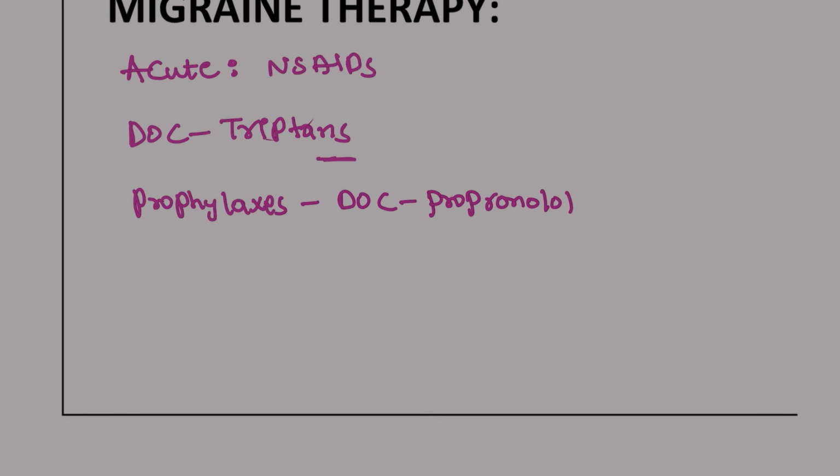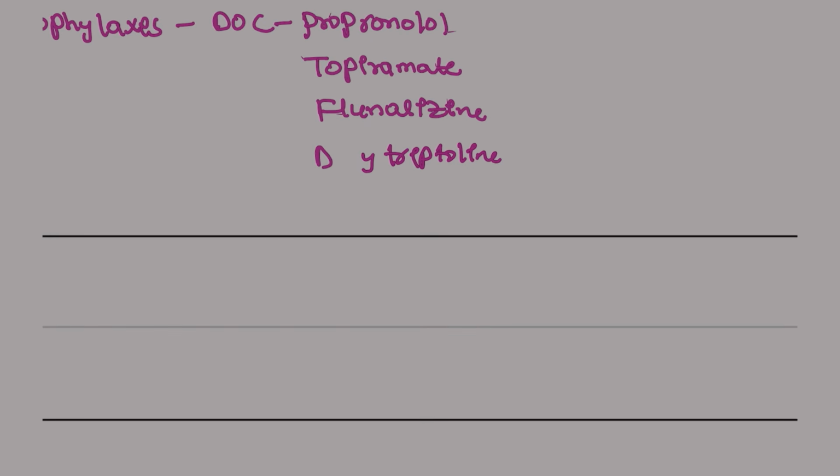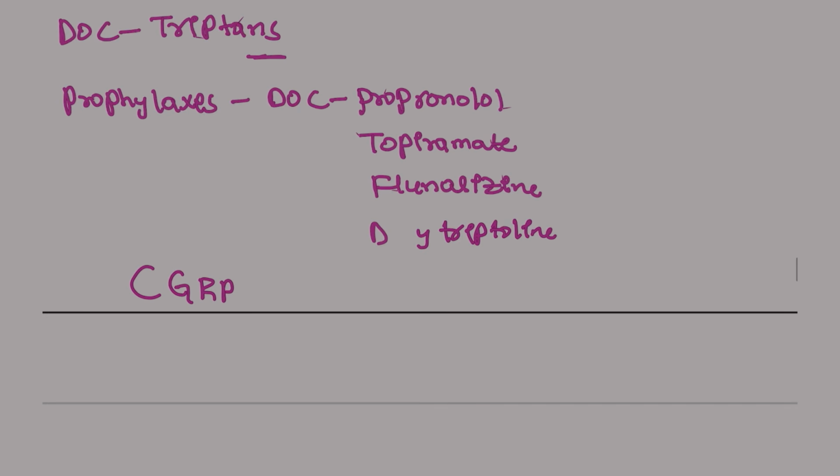Other than that, what can we give? We can give topiramate and also flunarizine. Amitriptyline can be given, and also there are some blockers known as CGRP drugs.